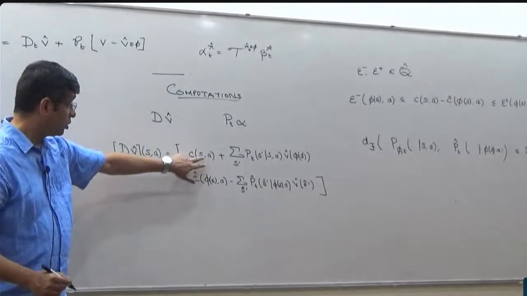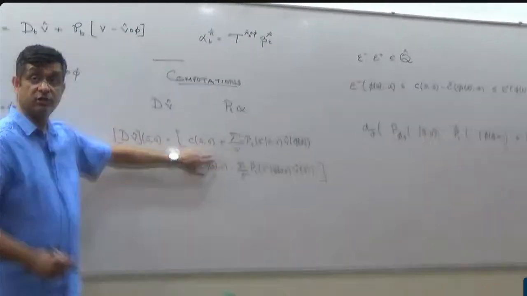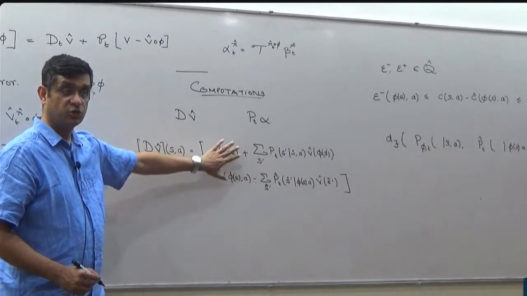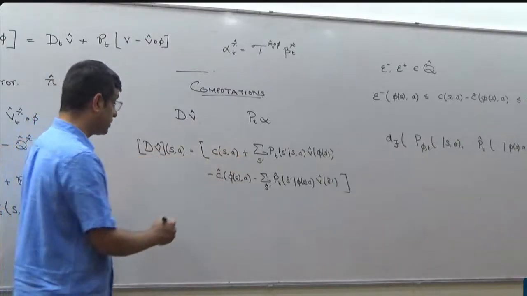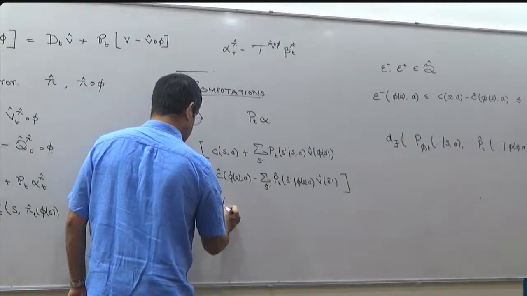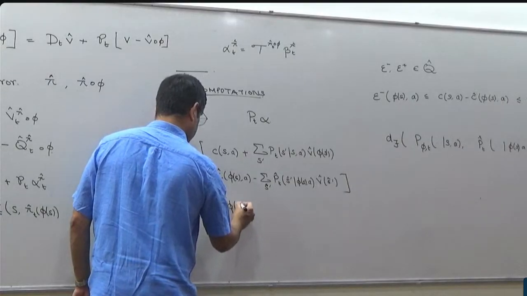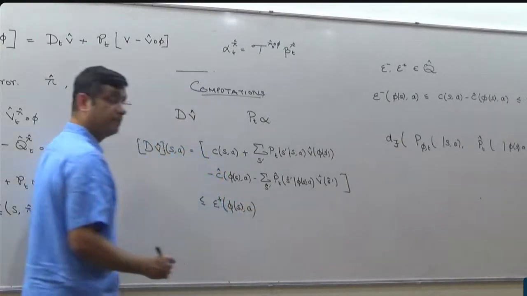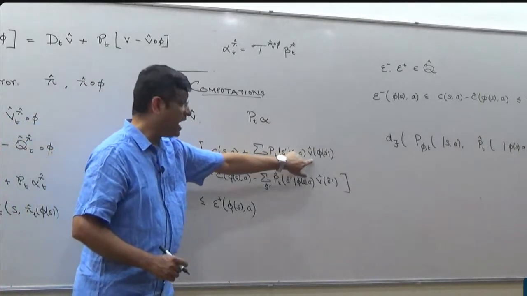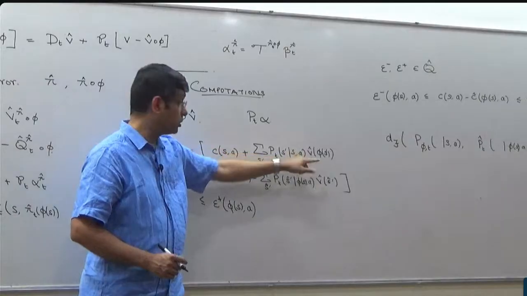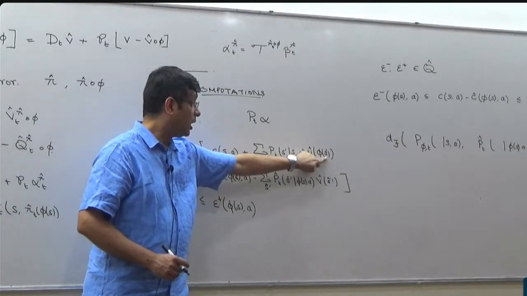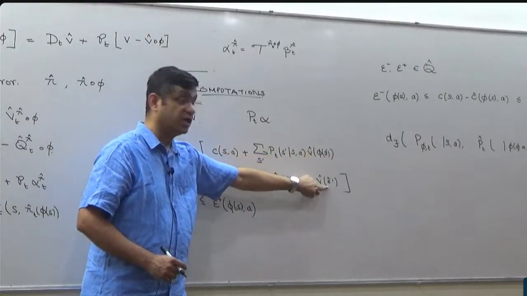And note that I can upper and lower bound this term with terms of epsilon plus and epsilon minus. So, let me show the upper bound, lower bound will be similar. This is going to be less than or equal to epsilon plus of phi of S and A. And the other object, as we did while deriving the previous bound, is piecewise constant over all values which get the same S hat.